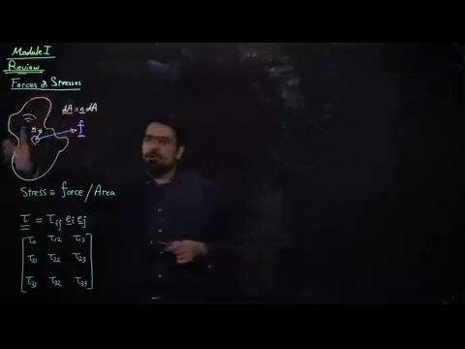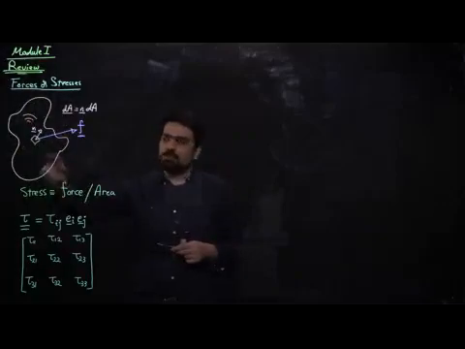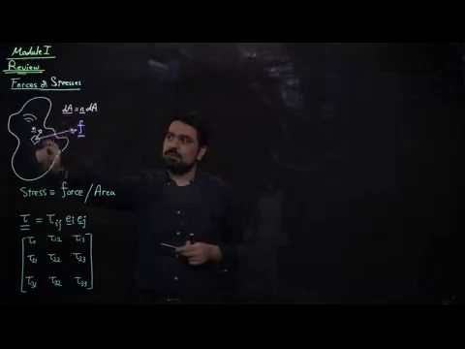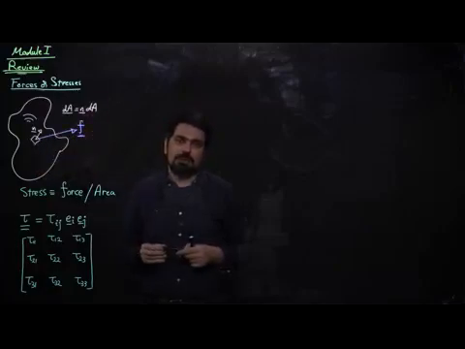Take a volume of fluid like this. We can draw many small elements of area on the surface of this volume. Each element of area that we draw has a normal vector n that is orthogonal to the fluid element on the area. And the area of that element, dA, as a vector can be defined as n, this unit vector, multiplied by the magnitude of the area, which is dA.